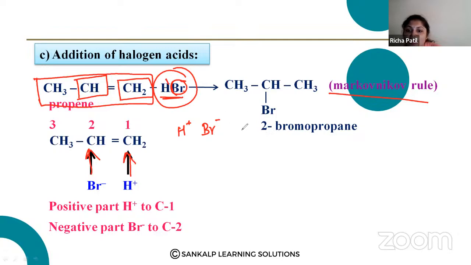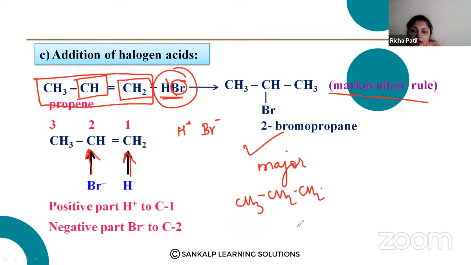This will be the major product. It will also form CH3CH2CH2Br, but that will be a minor product in case of Markovnikov's rule. So you know major product and minor product.